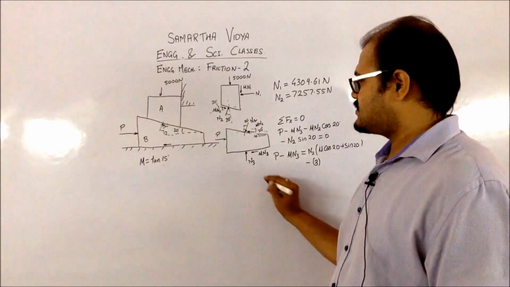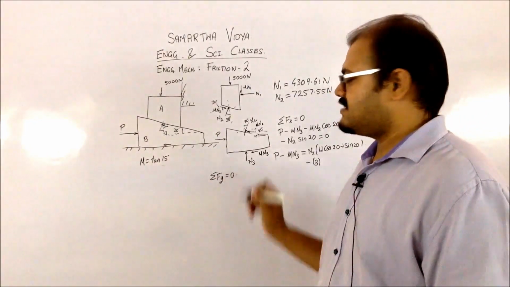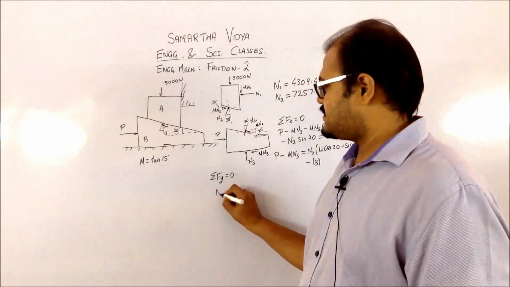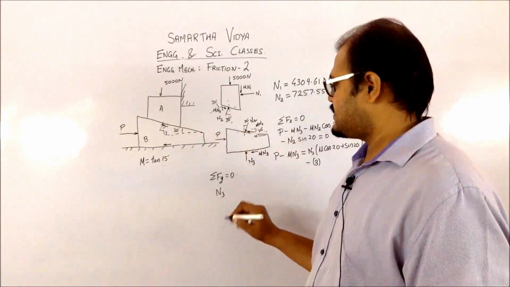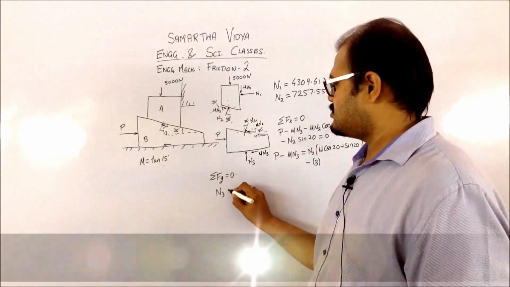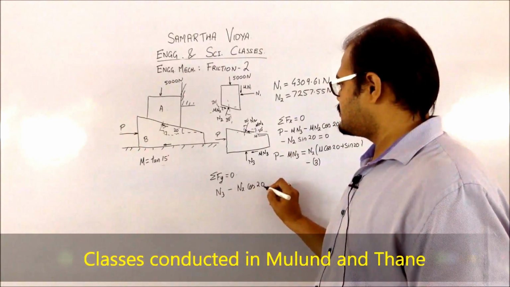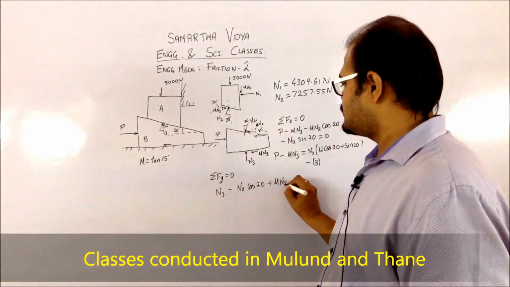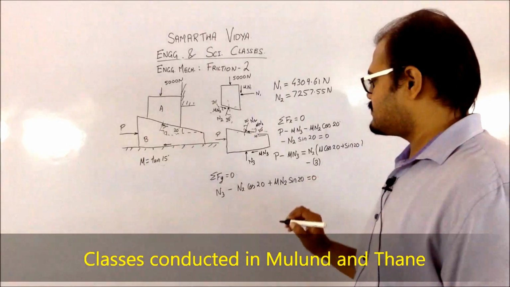Next we can go for the summation Fy. So summation Fy, all the forces along y direction, so that is going to be this N3, which is positive. Then the component of these forces, so that's going to be minus N2 cos 20. Then from here it's going to be plus mu N2 sin 20, which is equal to 0.